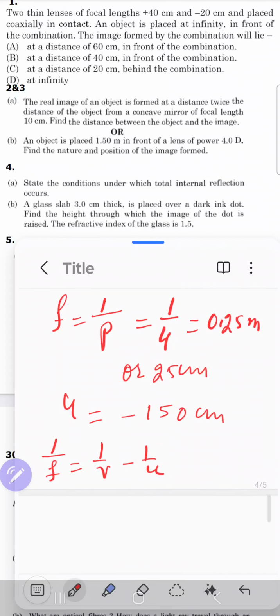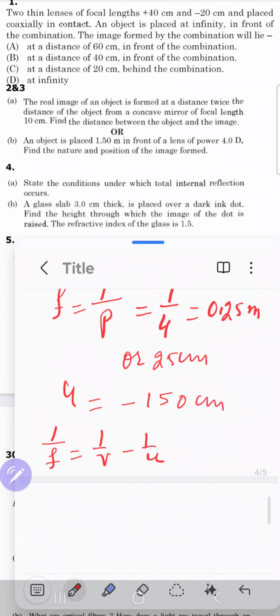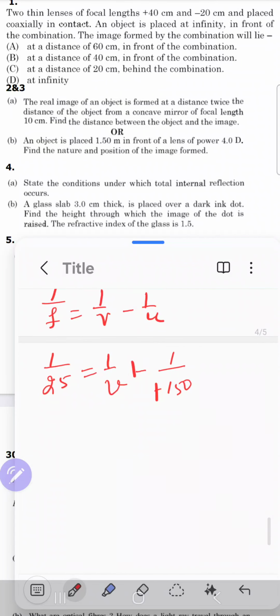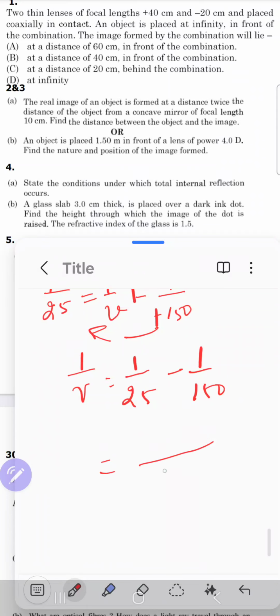Now let us substitute all these values. 1 over f is 1 over 25, v we have to find out, u is minus 150, so minus minus would become plus. 1 over v goes this side and becomes 1 by 25 minus 1 by 150. With a little simplification, you would get 6 minus 1 over 150, and v would be 150 over 5.